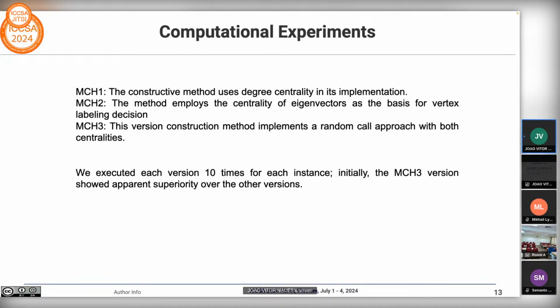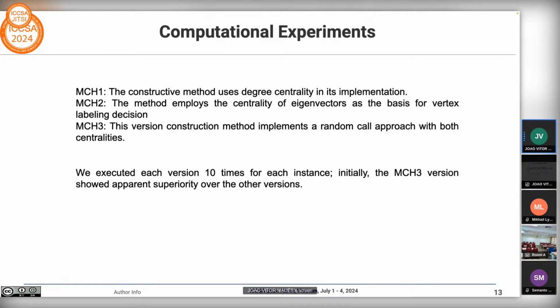When I decided the two best centralities for the algorithm, we made three versions of the algorithm. The first version is a constructive method using degree centrality.